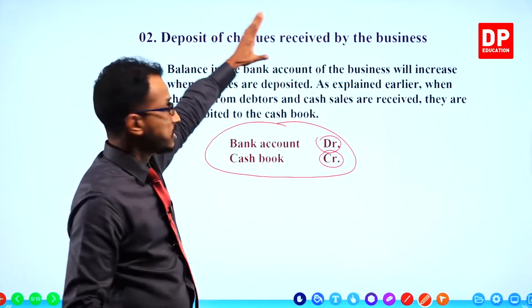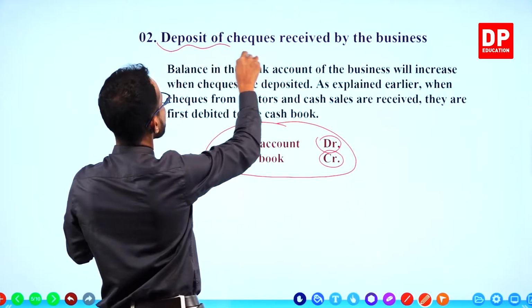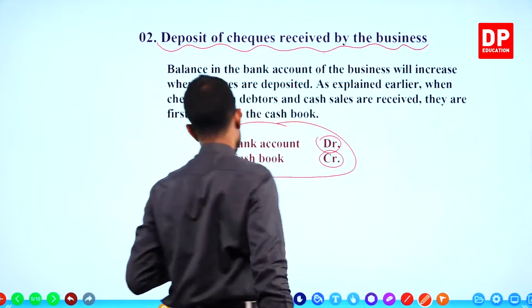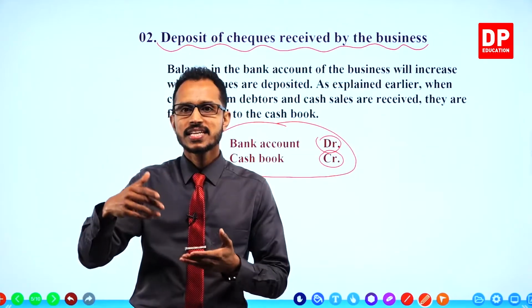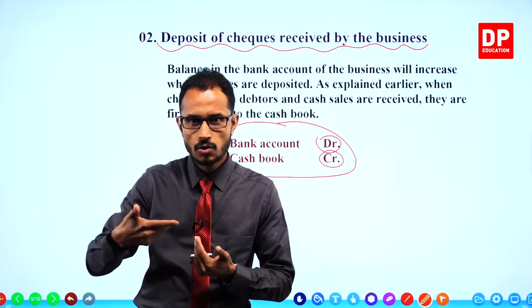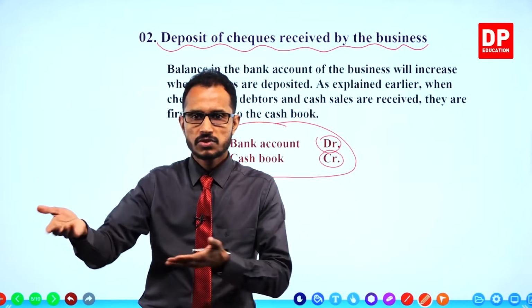But this is not depositing of cash. It is depositing of checks. It's the same thing. When a check is received, customers hand over money sometimes, or they could hand over checks to us.